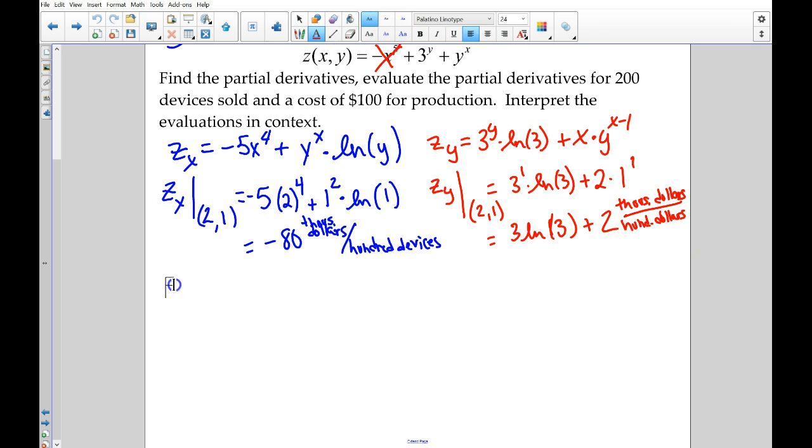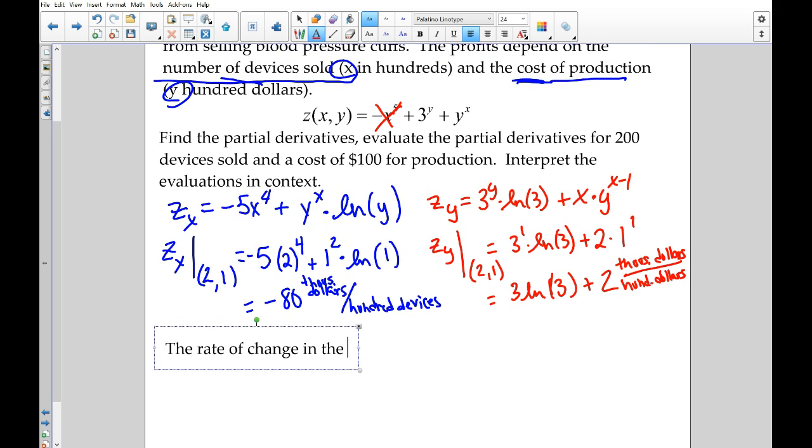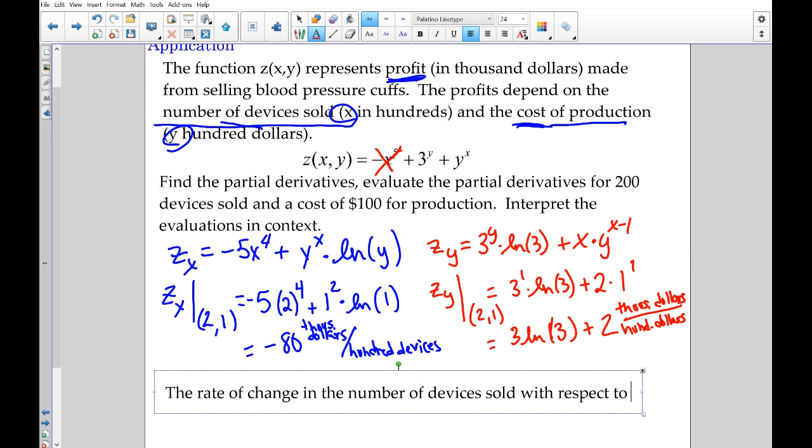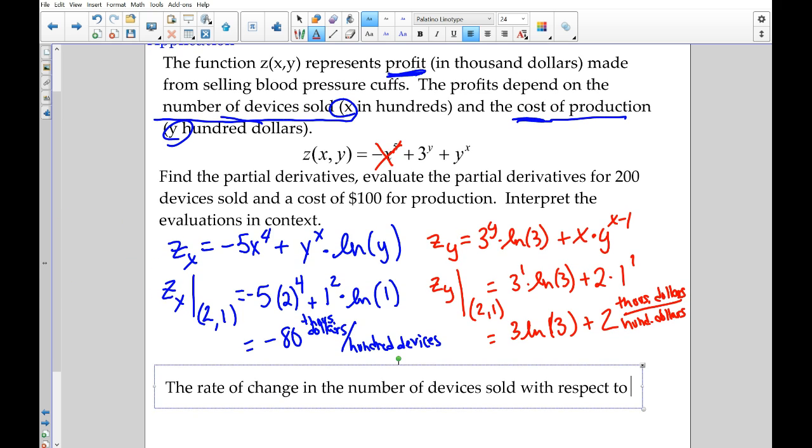Now for the interpretation part. I would write out that the rate of change in the number of devices sold, so that's z, with respect to the, I'm sorry, I have this backwards.